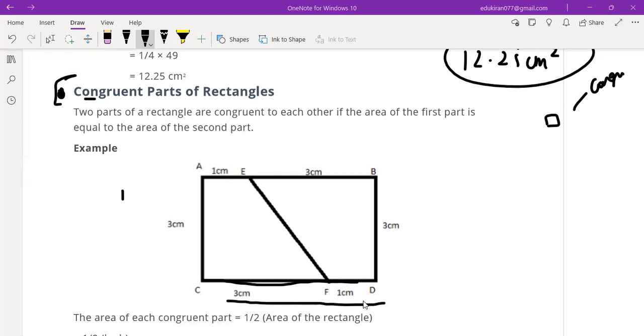Done, ma'am. To write in statements, can we write area of congruent part? Yes, area of each congruent part. Okay, ma'am.